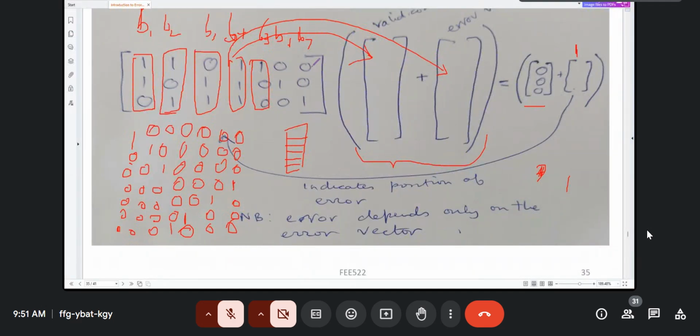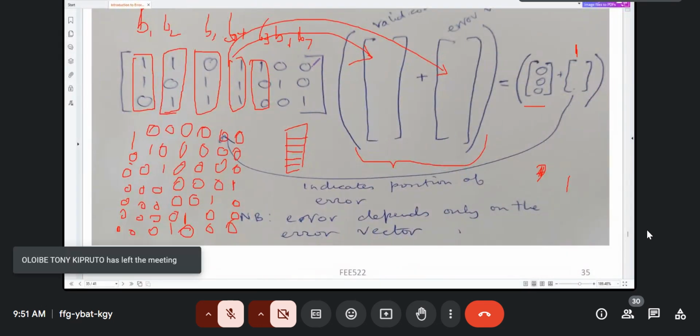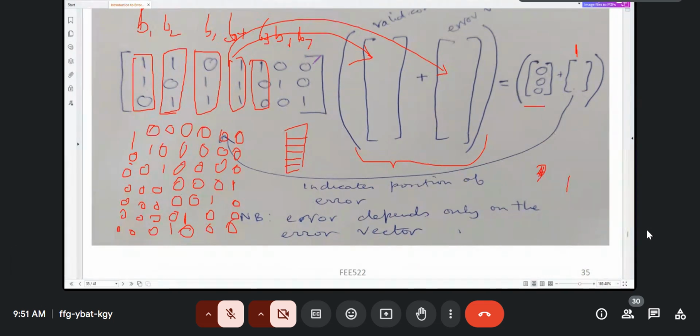Now I would ask about the weight, because I think Emmanuel answered the weight. Weight is the number of ones. So I would ask this one: why is the minimum distance of a code important in error detection?